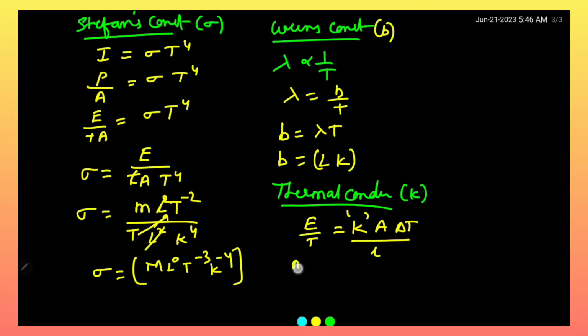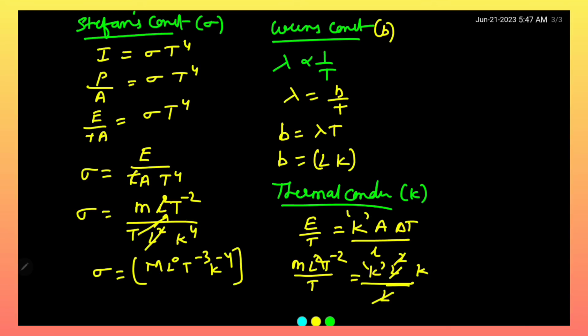You all know energy is nothing but M L square T power minus 2. Time means again T. Here area means L square. So this is K, and temperature is again Kelvin K, divided by length L. So L square gets cancelled. This L and here L square gets cancelled.